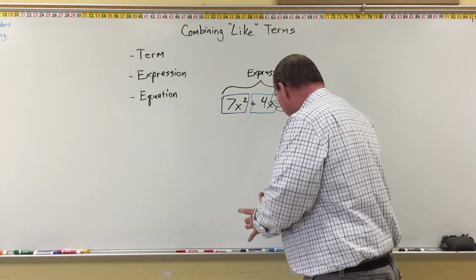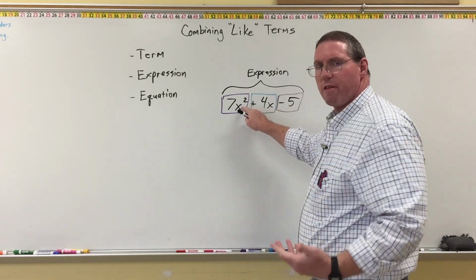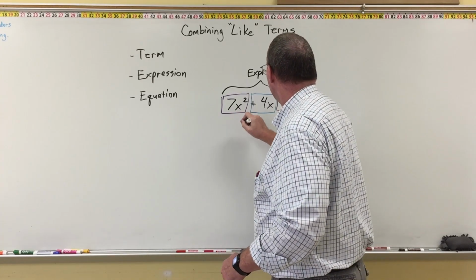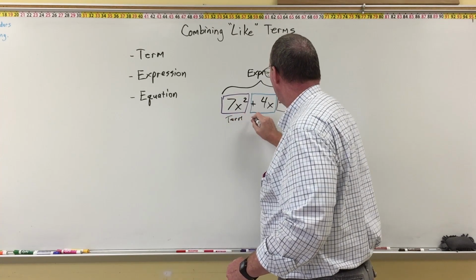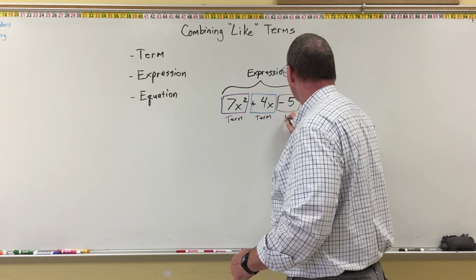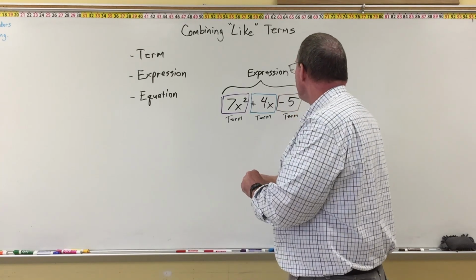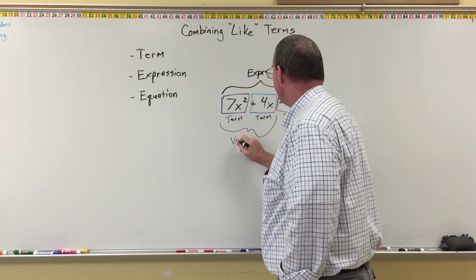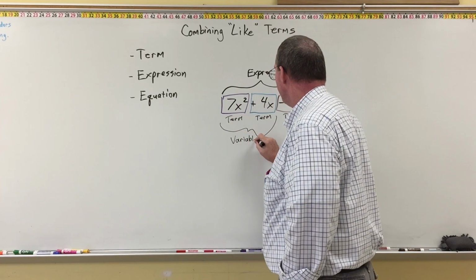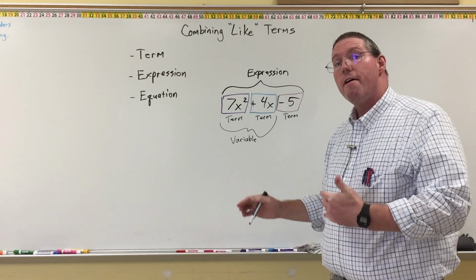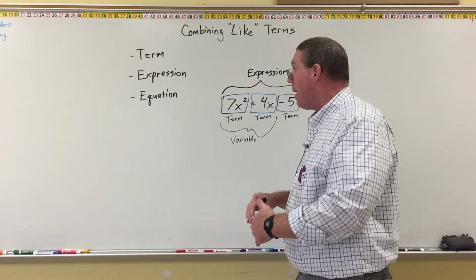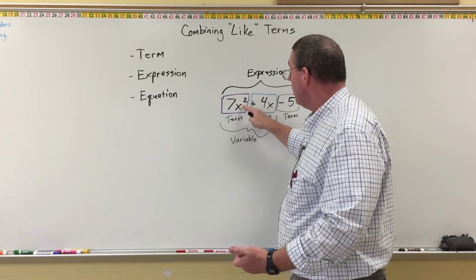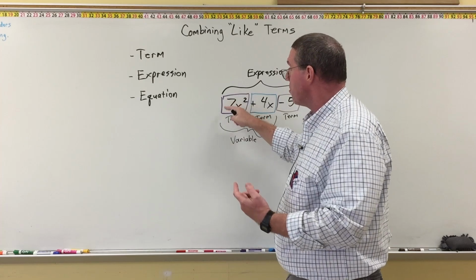Now, the terms that include the letters, which we refer to as variables, this is a mathematical term, and this is a mathematical term. These two mathematical terms would be referred to as variable terms. Variable means that they can take on different values depending on the value of x. So if x took on a value of 1, 1 squared is 1 times 7 is 7.